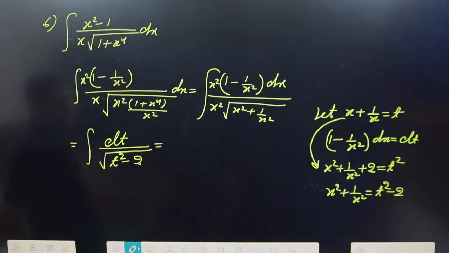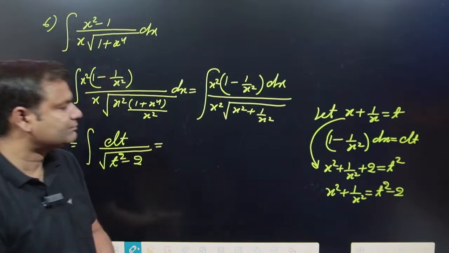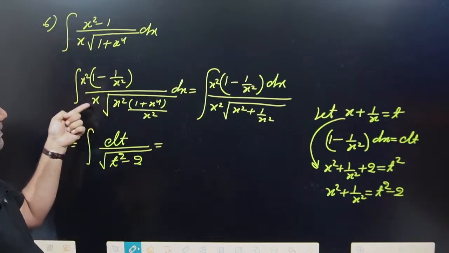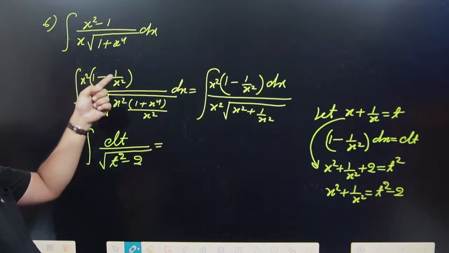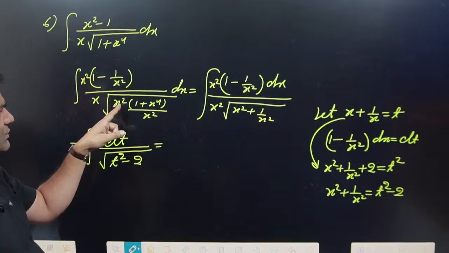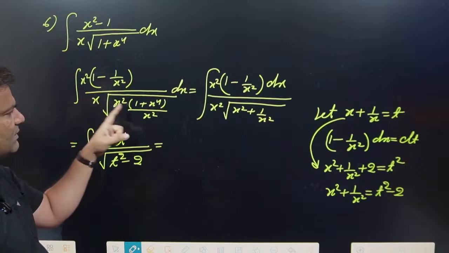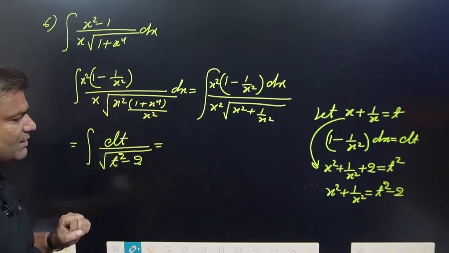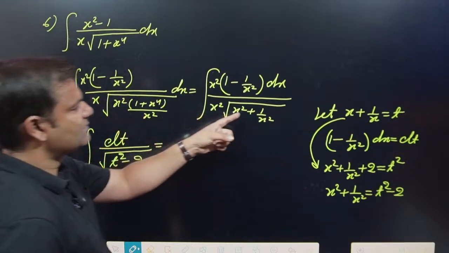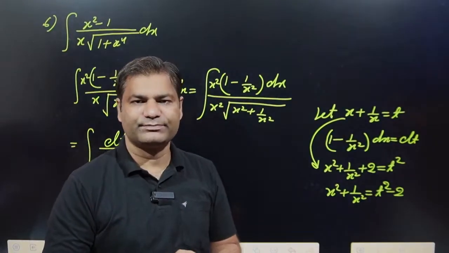I hope it is clear. Very simple. Here x square is common, then 1 minus 1 by x square, and multiply and divide by x square. So x square under root of 1 plus x to power 4 by x square, that value is x square plus 1 by x square, with 1 minus 1 by x square dx.